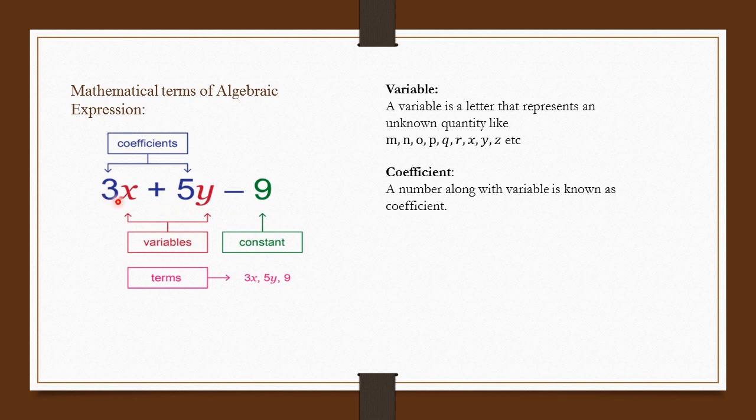Here 3 is along with a variable, 5 is also along with a variable, so 3 and 5 are coefficients. Next is constant: a number without any variable is known as a constant. Here you can see 9, which has no alphabet along with it, so this number is a constant.